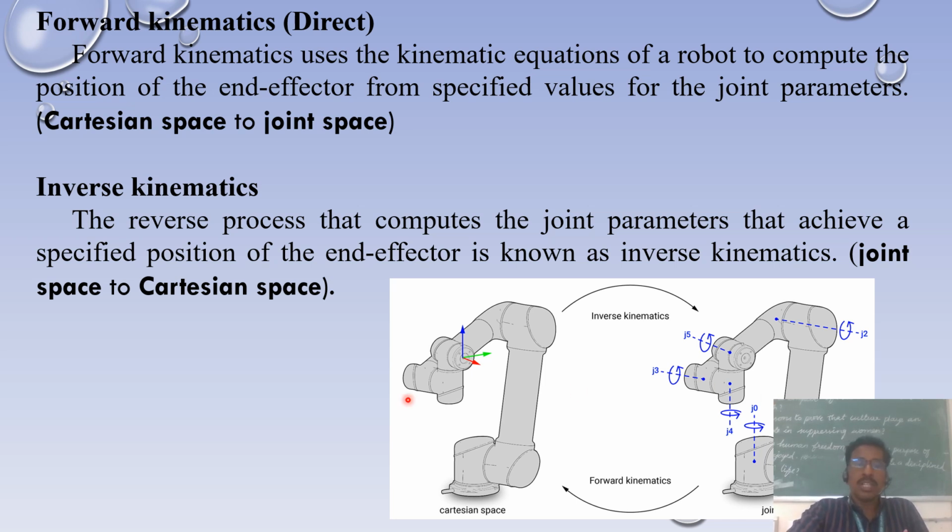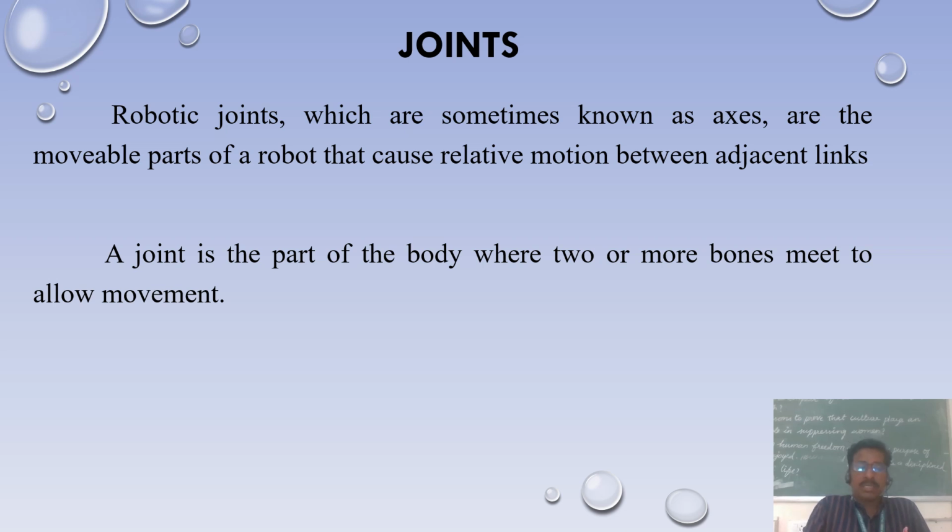So we can call this Cartesian space to joint space, generally forward kinematics, and joint space to Cartesian space, generally inverse kinematics.